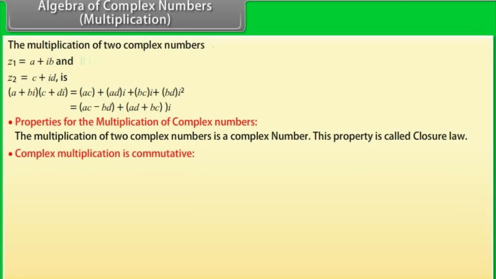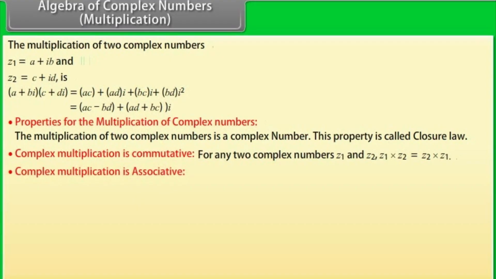Complex multiplication is commutative. For any two complex numbers z1 and z2, z1 into z2 is equal to z2 into z1. Complex multiplication is associative. For any three complex numbers z1, z2, z3, z1 into z2 into z3 is equal to z1 into z2 into z3.